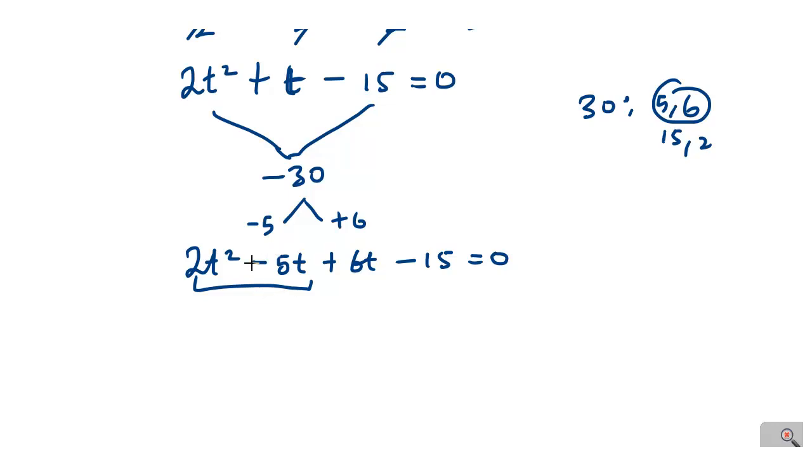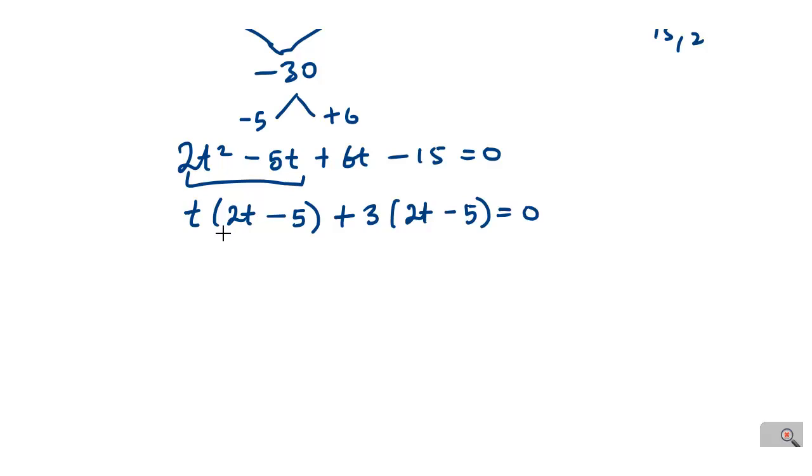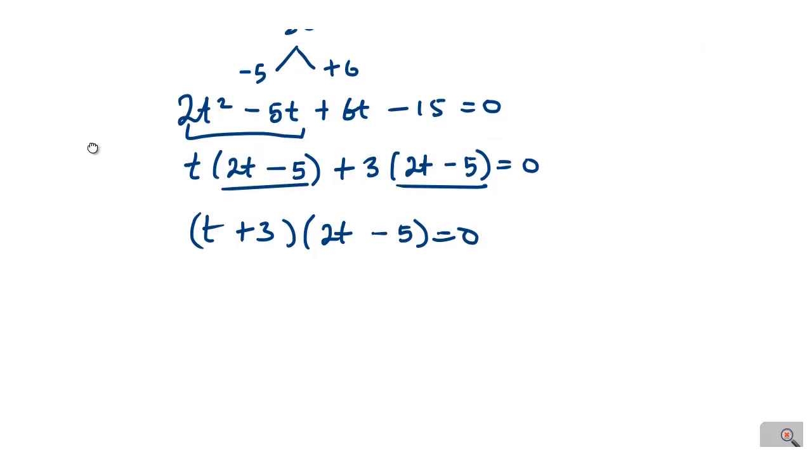We factor t out of the first two terms to get t into bracket 2t minus 5, then plus, we factor 3 out of the last two to get 3 into bracket 2t minus 5 is equal to 0. Since 2t minus 5 is common, we pick it as one factor. So we have t plus 3 into bracket 2t minus 5 is equal to 0.